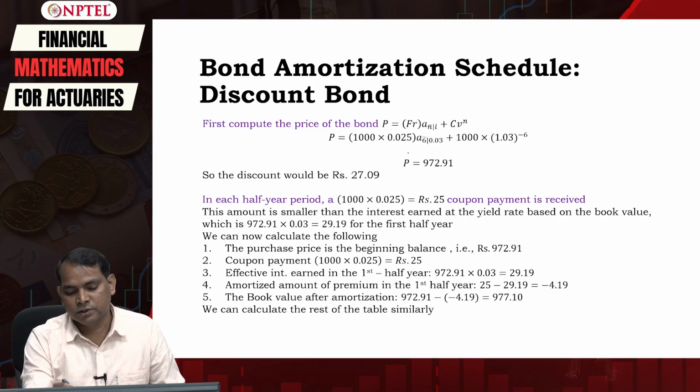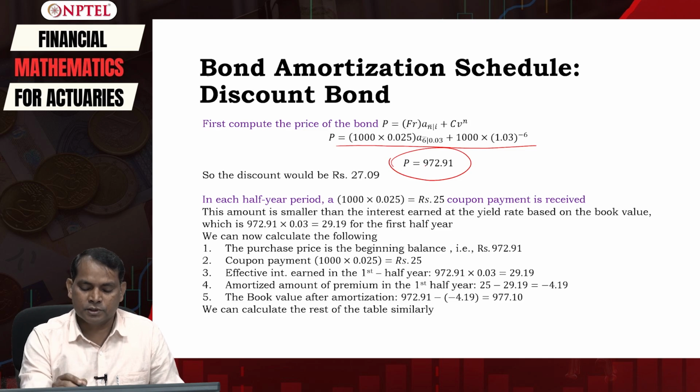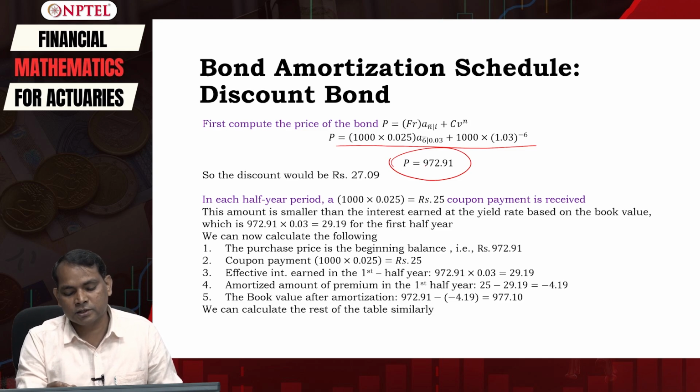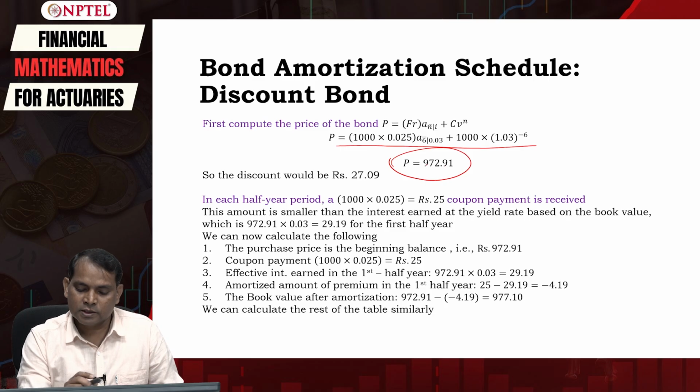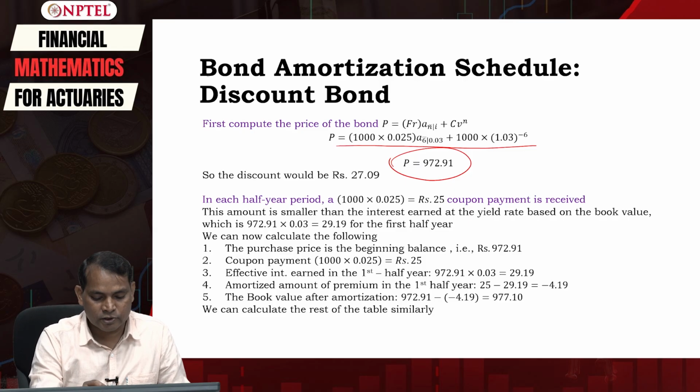Using this formula, the price of this bond is 972. Remember that this is a discount bond, because the price is less than the face value. So the discount would be 1000 minus this value, which will be 27.09.